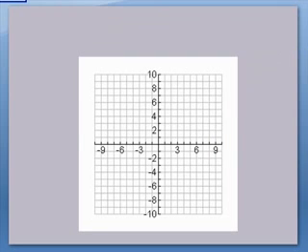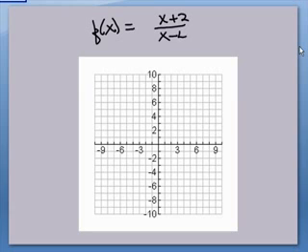We're going to take the function f of x is equal to x plus 2 over x minus 4. Okay, so without a calculator then, you're going to be responsible for the asymptote. On this one, our domain is everything except for 4.